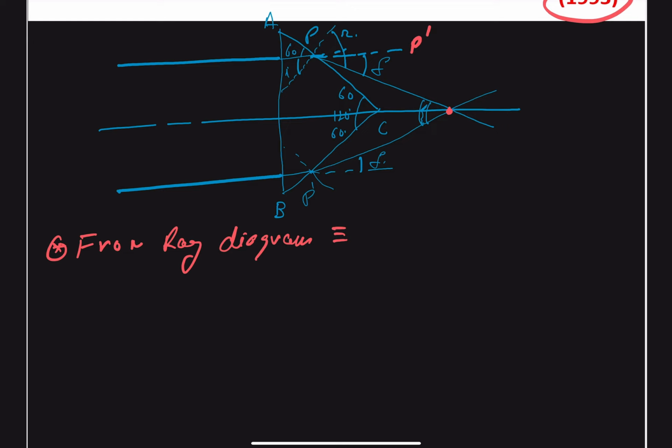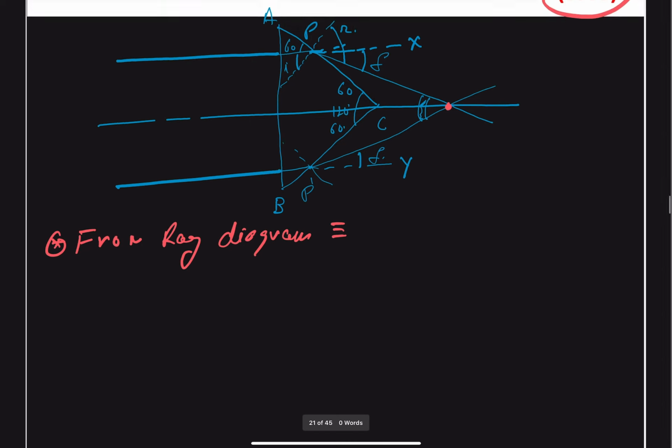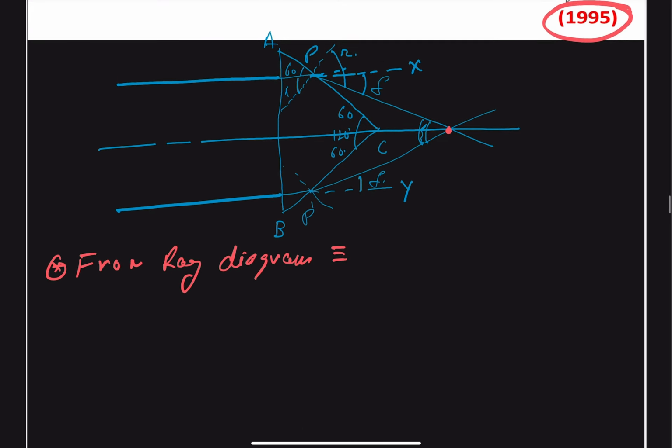Oh sorry, P prime we already have, so let us call this X and this Y. And we have two parallel rays, let us call this R1 and this R2.